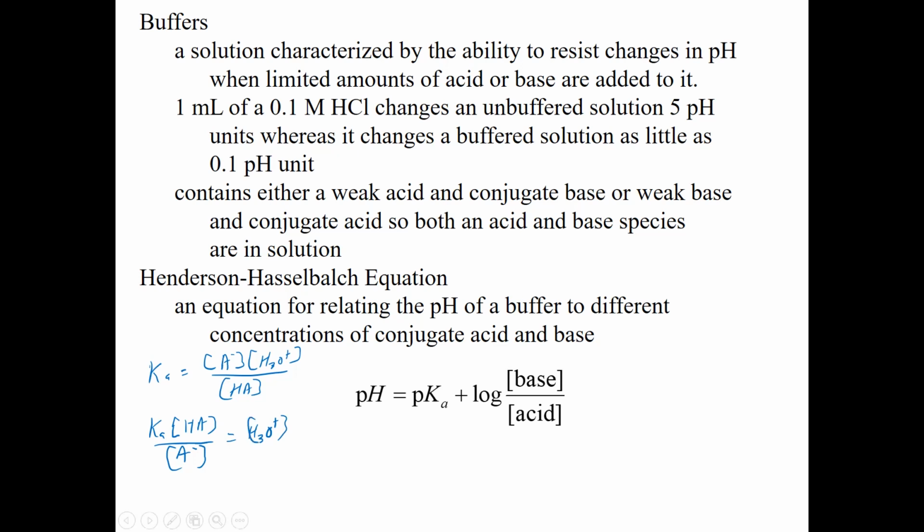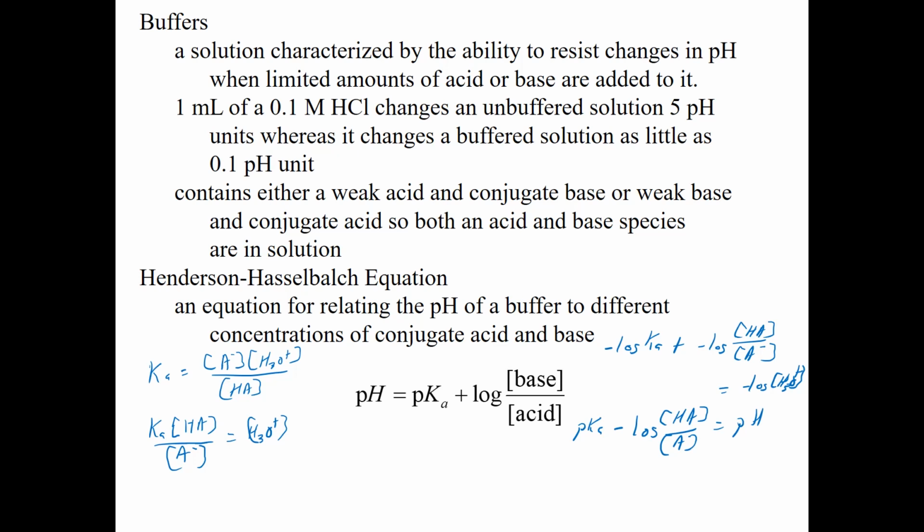Then I simply take the negative log of both sides. So the negative log of Ka plus the negative log of HA over A minus is equal to the negative log of H3O plus. The negative log of Ka is pKa, and the negative log of hydronium is pH.